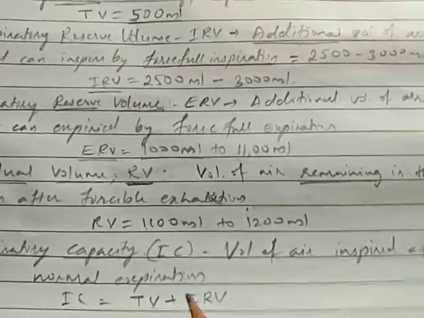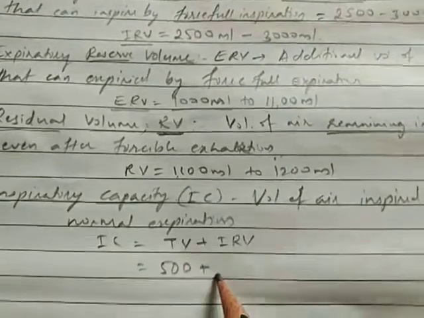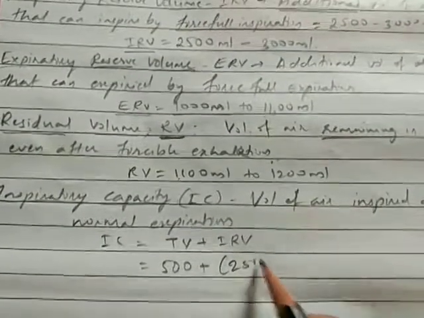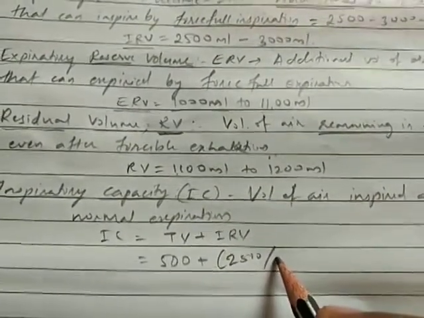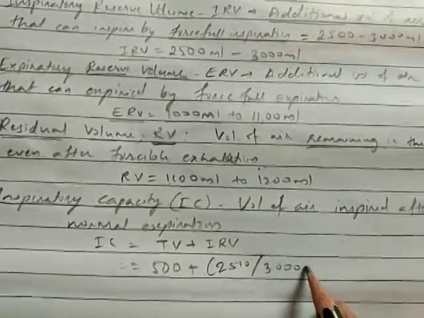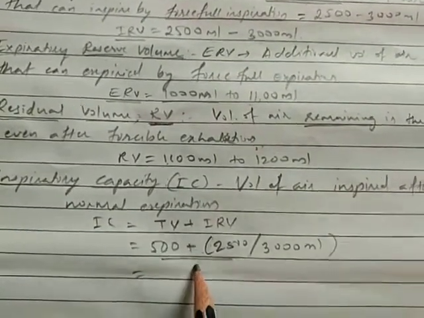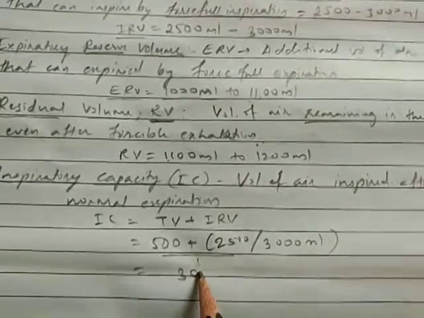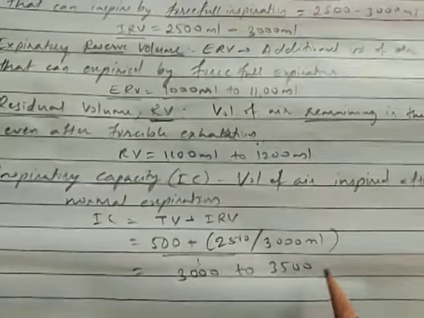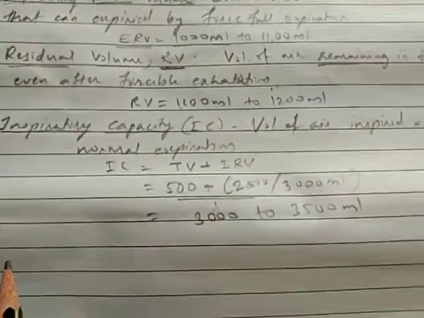So you can add either minimum or maximum, so anyone you can take. By that, it will become about 3000 to 3500 ml, right? So that is inspiratory capacity.